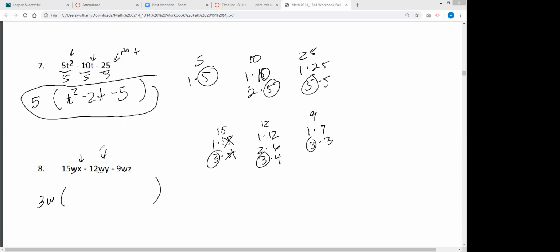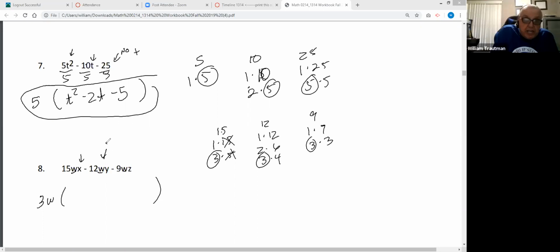Oh, no, that's right. So the lowest power X is no X. It has to be in all 3. What is the lowest power Y? We see a Y variable also. No Y. In the last one, there's no Y. In the first one, there's no Y. It has to be in all 3, or we have to say no X, no Y.